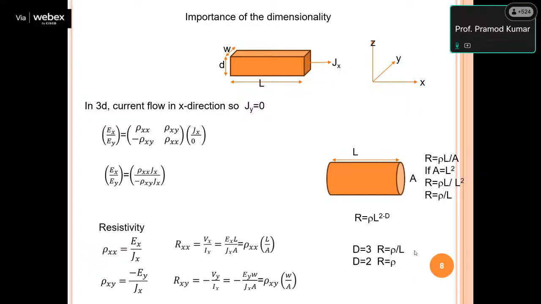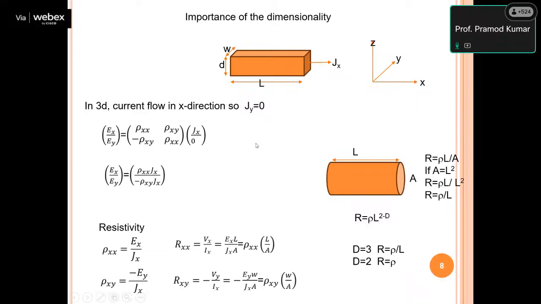Before moving to this quantum phenomenon, let's try to look at how dimensionality affects the property. This is a very interesting point because we are going to move from 3D to 2D material. So this is a very good aspect to understand here.